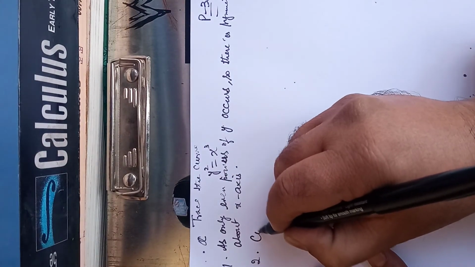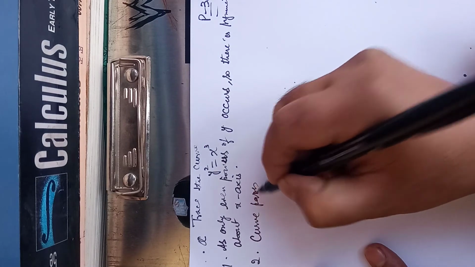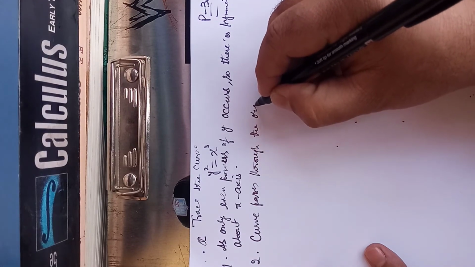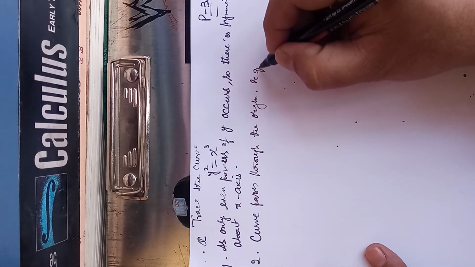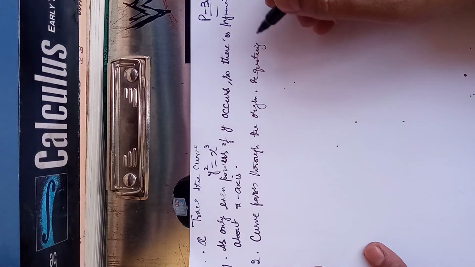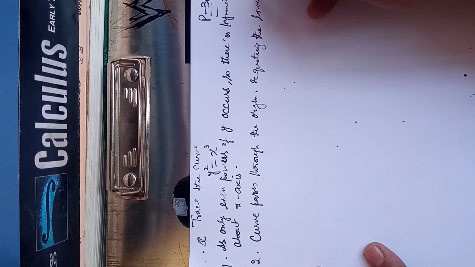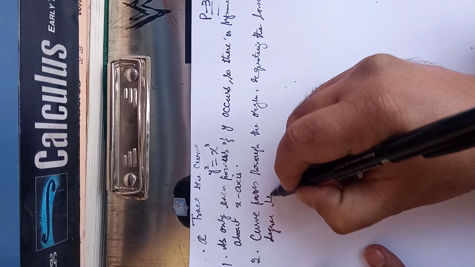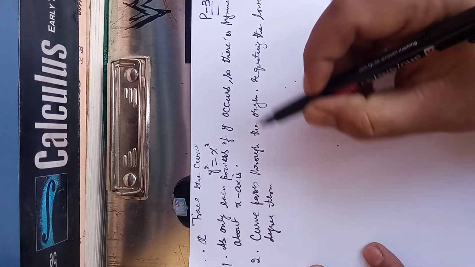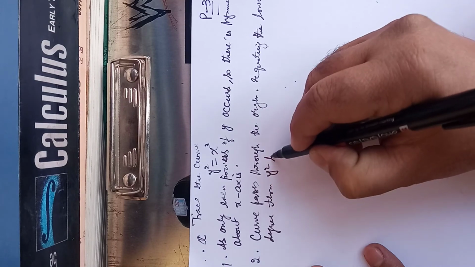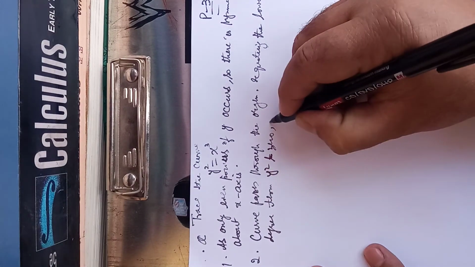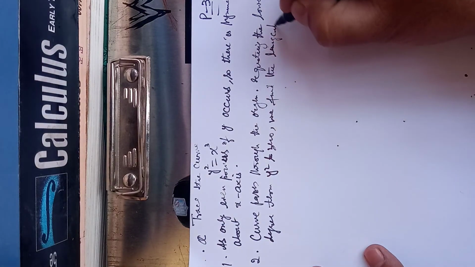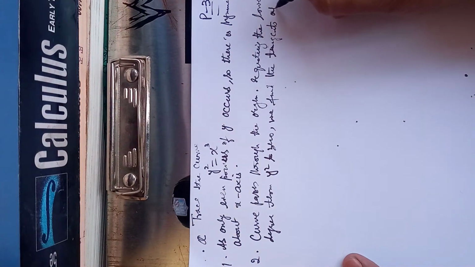Okay, now the curve passes through the origin, so equating the lowest degree term, which is y square, to 0, we find the tangents at the origin.